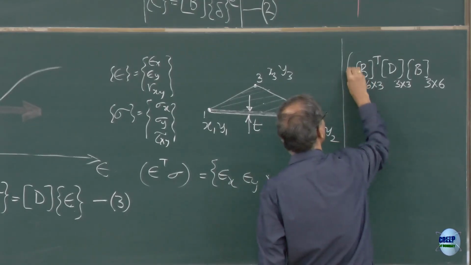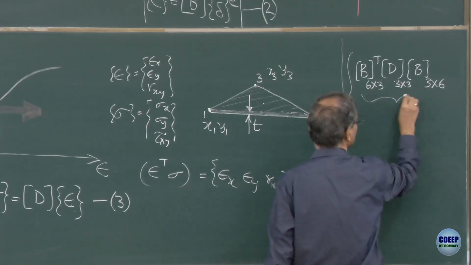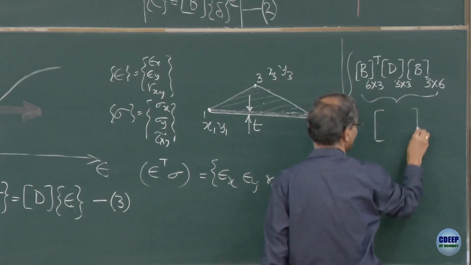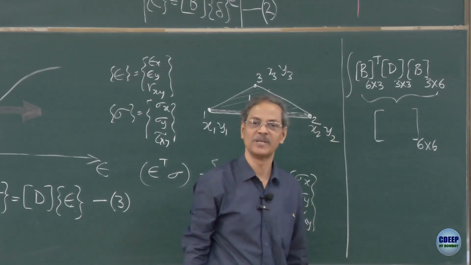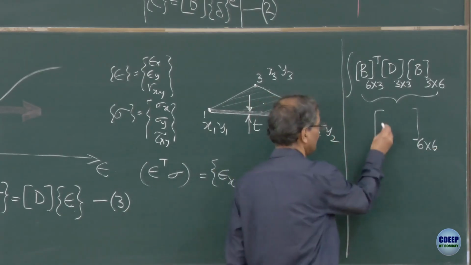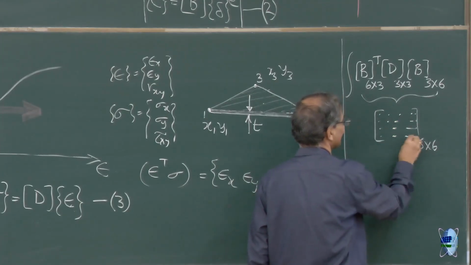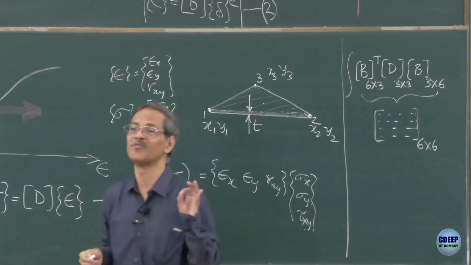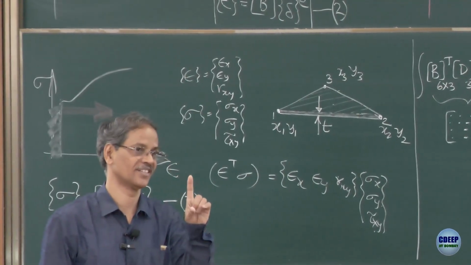So when I do the integral over the volume, this will be a 6 by 6 matrix. Six by 6 will mean 36 elements, right? If I evaluate 36 integrals, I will get one element stiffness matrix.